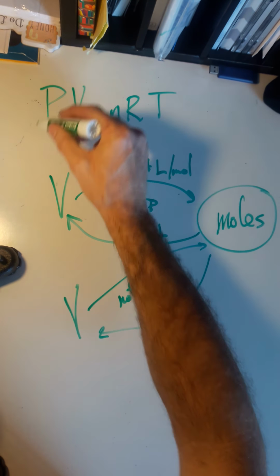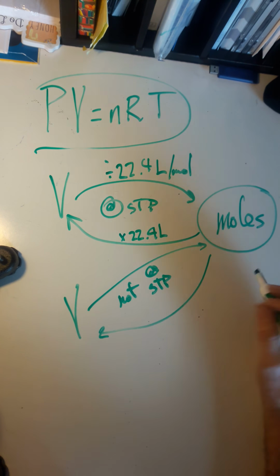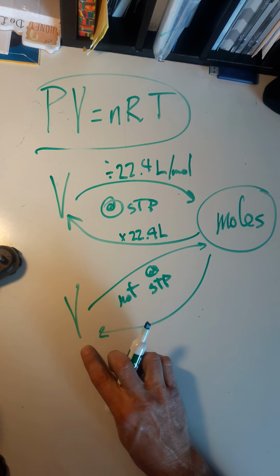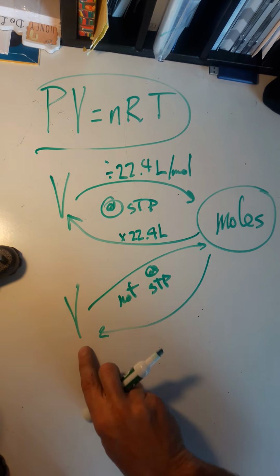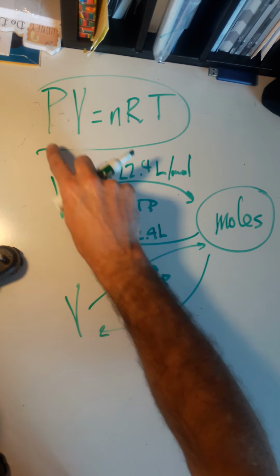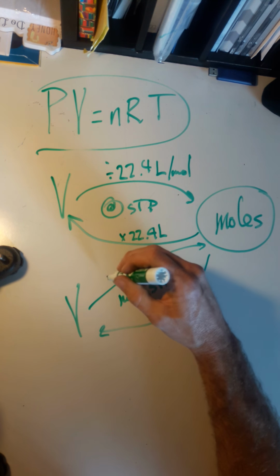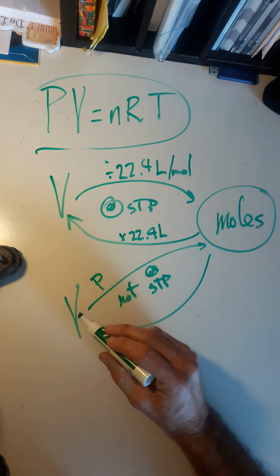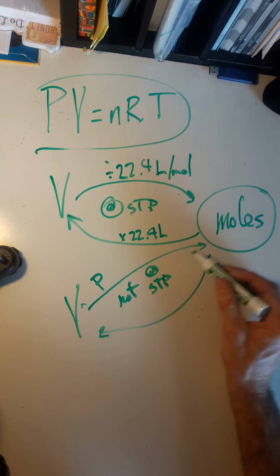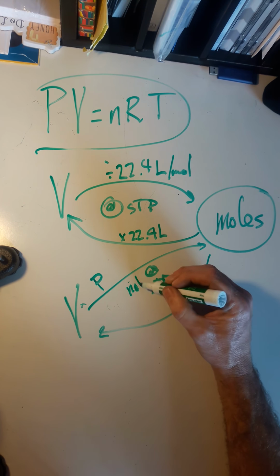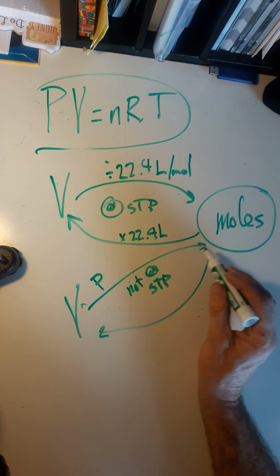If it's not at STP, we're just going to use this equation here. We have the volume, given in the problem, 2 times 10 to the 8th liters, and we're going to multiply by the pressure. So I'm going to put P on top of this line, meaning multiply by it, and everything below the line is similar to your mole map.